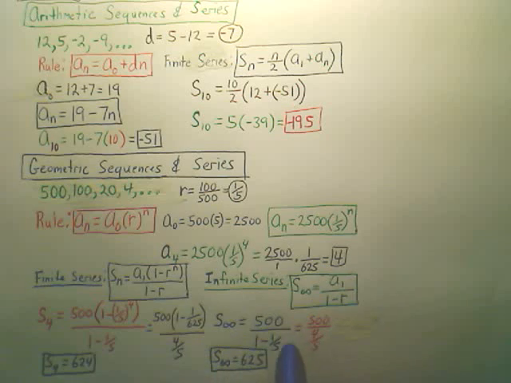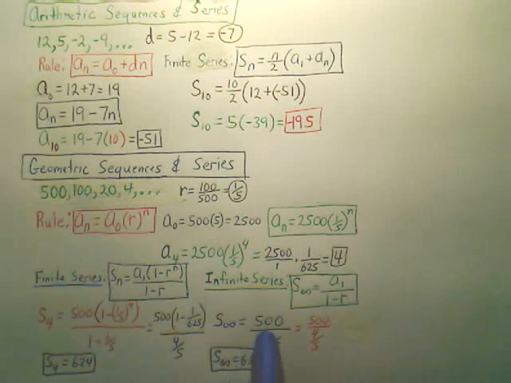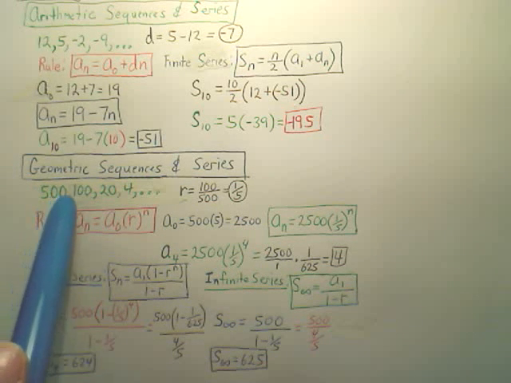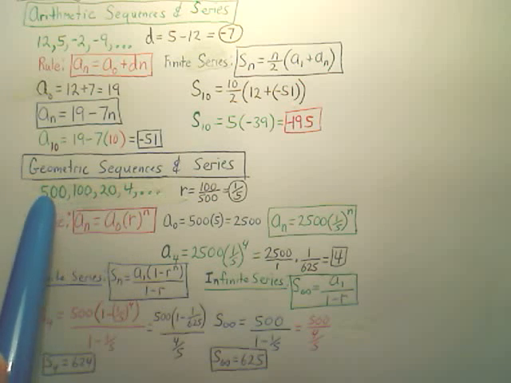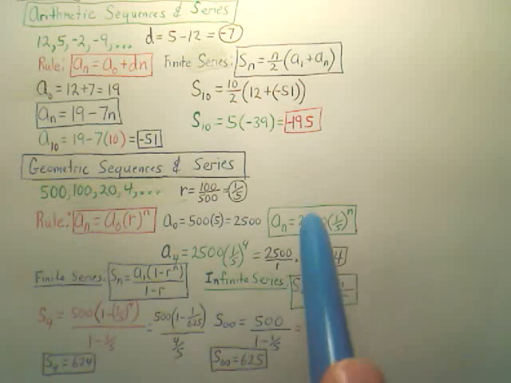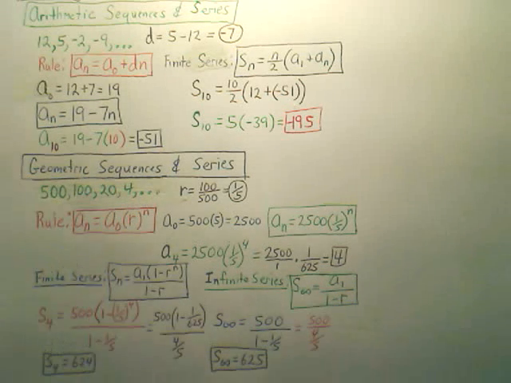But it has to be that in order to do it, because otherwise, if this was, say, 5 and we're growing by 5, this thing would get so big you couldn't add up an infinite amount of terms. So in order to do an infinite series, the first stipulation has to be that the sequence is shrinking. Okay, so basically if the sequence is shrinking, then you can do an infinite series. You can't even do it if this would be growing.